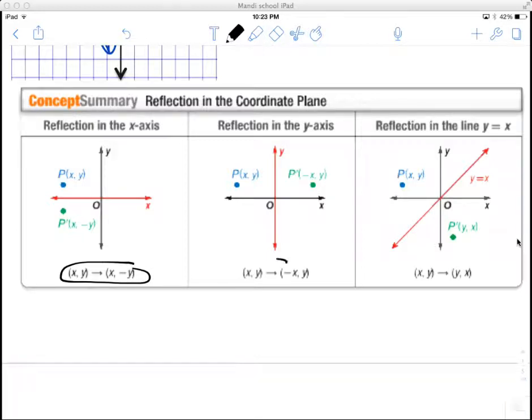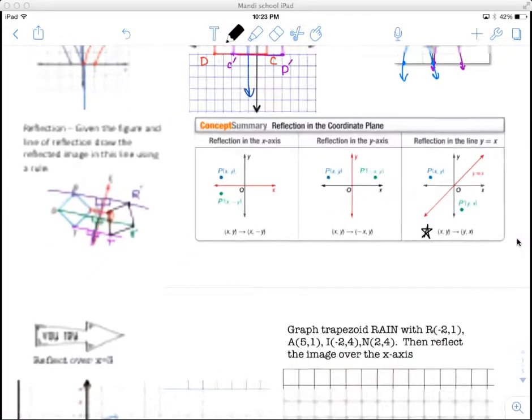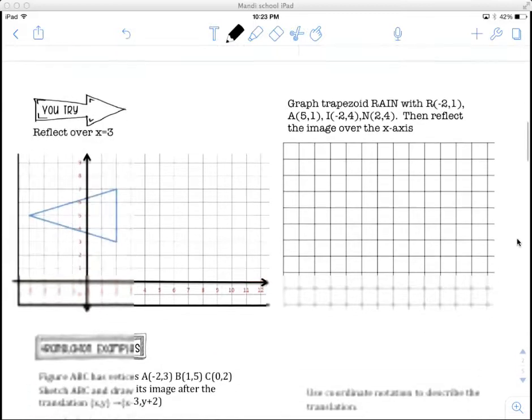To reflect in the y-axis, you're doing the same thing to the x. And then sometimes they ask you to reflect in the y equals x line. In that case, the x and the y just switch places. This might actually be one that you'll want to memorize. The other two I think you can figure out.